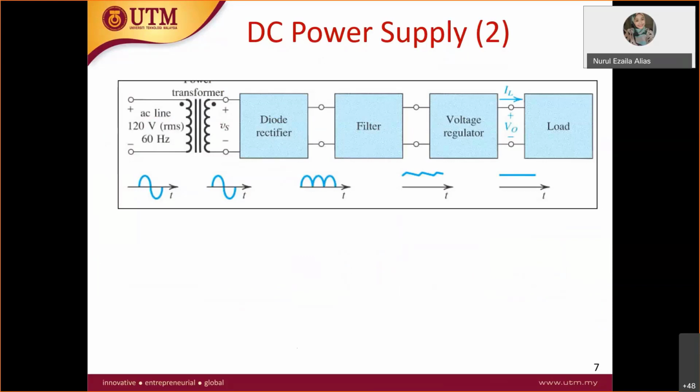Like I said just now, you have a transformer. I think you are all familiar that it is a step up or step down transformer. We will show you in the example next. For example, it is a step down transformer, so the magnitude of the input is a little bit larger, and the magnitude of the output of the transformer is a little bit lower.